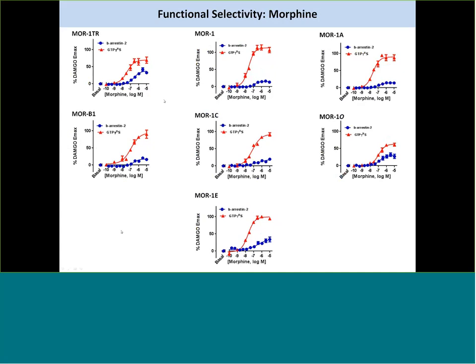Against the truncated form of the receptor, the beta-arrestin gives you approximately a 35% stimulation relative to DAMGO, which was the standard. On the other hand, if you look at the maximal values of beta-arrestin recruitment for some of the others, you can see a dramatic decrease in beta-arrestin, especially for MOR1A and perhaps for MOR1C.